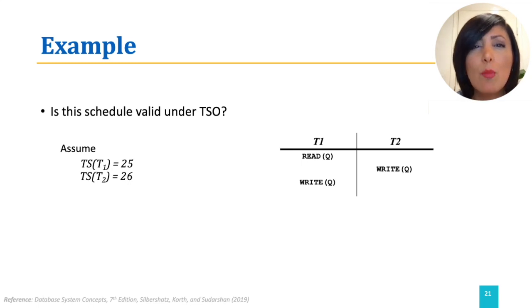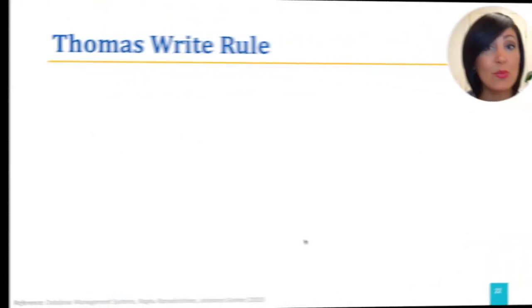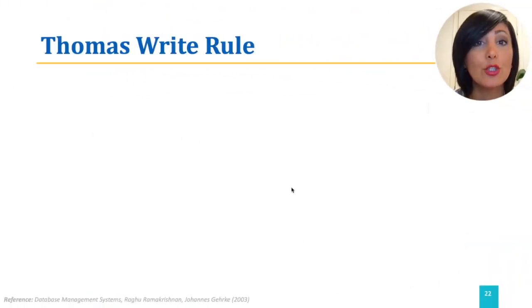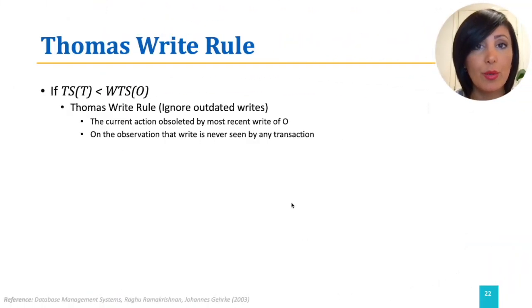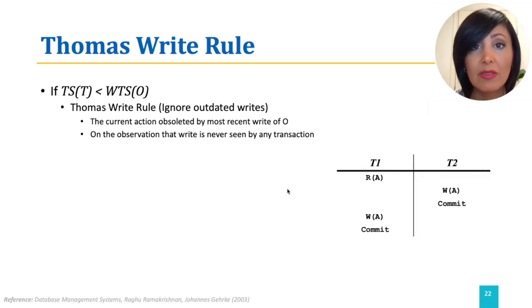However, a more permissive schedule can sometimes be applied using Thomas Write Rule. Thomas Write Rule changes the second rule of the timestamp ordering protocol to ignoring the obsolete writes. Using this rule, the schedule we saw in the last example will be accepted, ignoring the writes that would write the obsolete value.